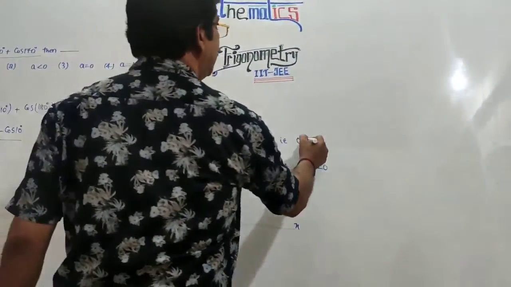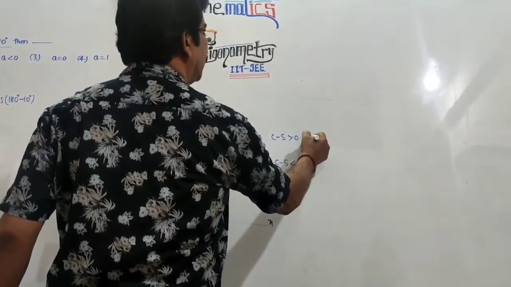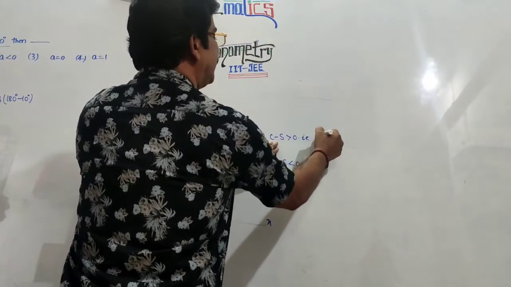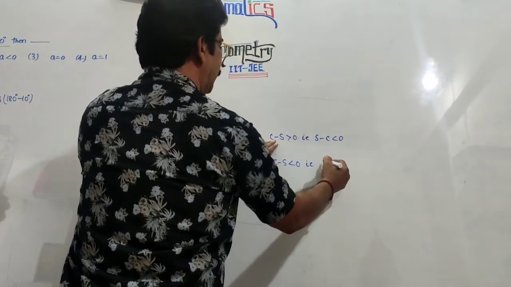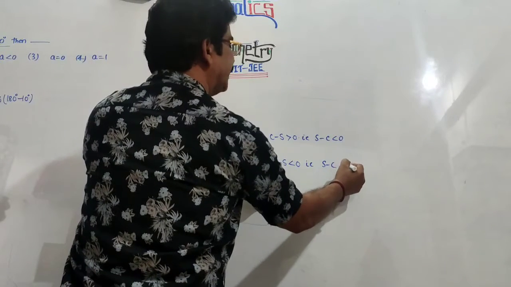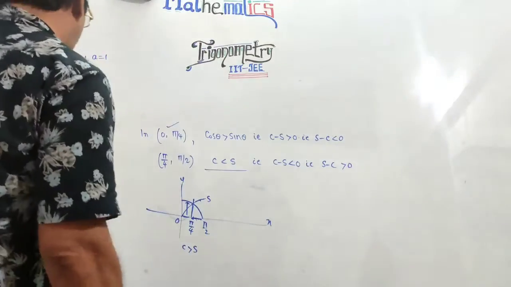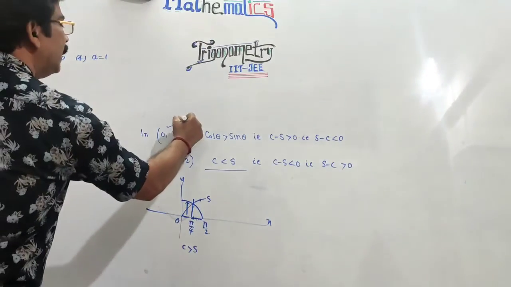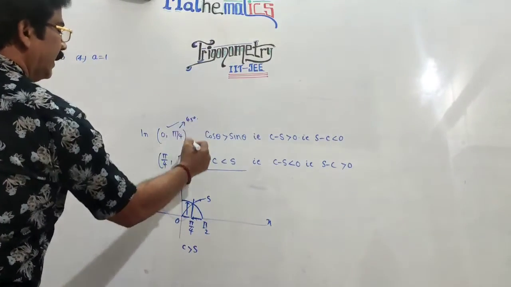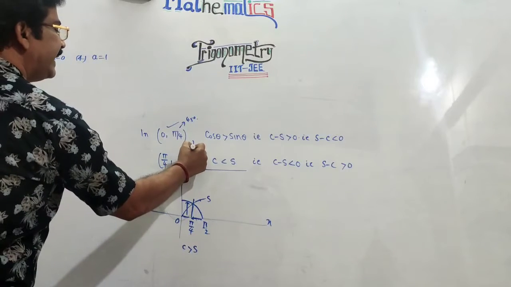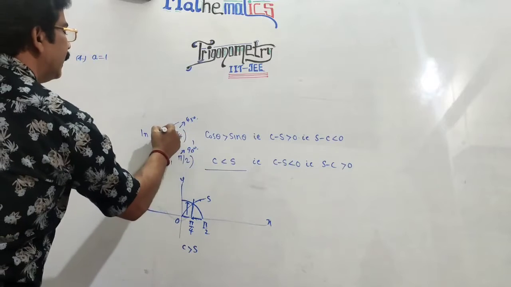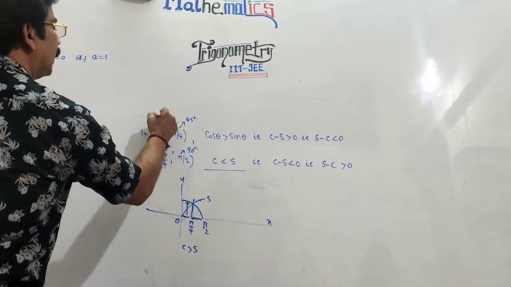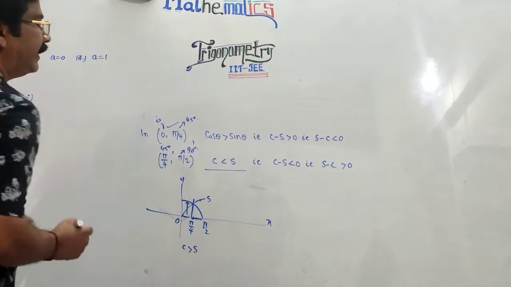Cos minus sin greater than 0 reverses: sin minus cos is less than 0 in the first interval, and greater than 0 in the other. Pi by 4 means 45 degrees. Pi by 2 means 90 degrees. So the open interval of 45 to 90, and the other is the open interval of 0 to 45 degrees.